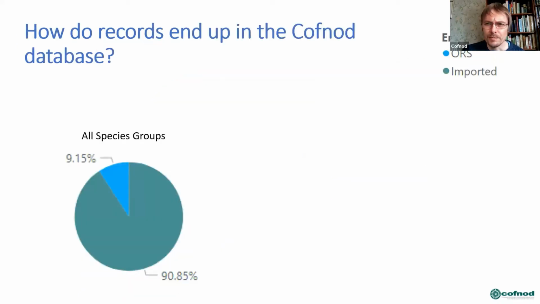Okay, so where do these records come from? Well, only about 9% of them are actually coming in via our website, directly typed in. So that's for all species, and 90% of them, or thereabouts, are actually imported via spreadsheets from specialist data sets.